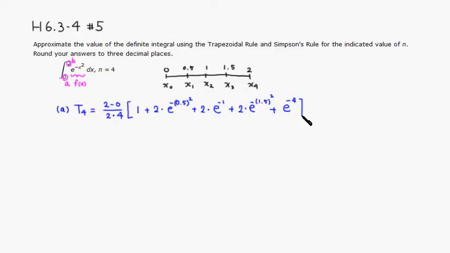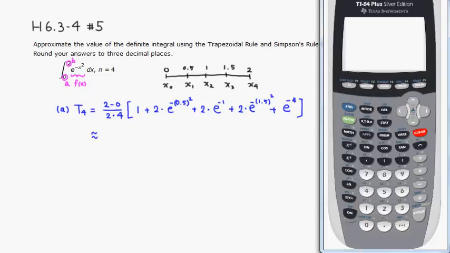Alright, so let's compute this value. So this is going to be approximately, bring out the calculator. We need to compute. I'm going to just go ahead and add these up first. So you have 1 plus 2 times e to the negative 0.5 squared.